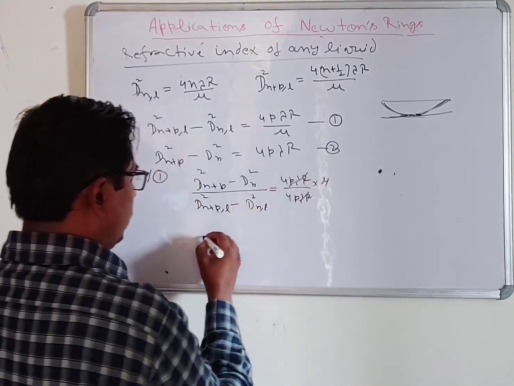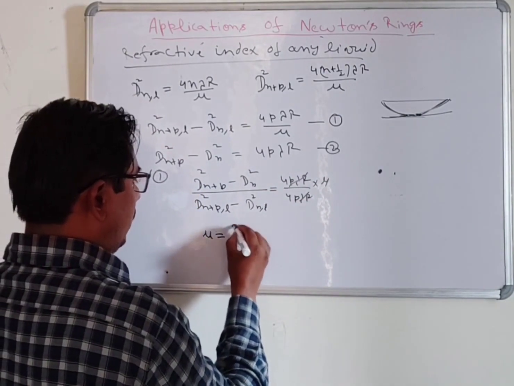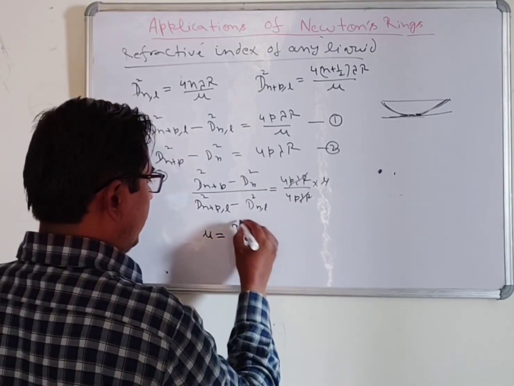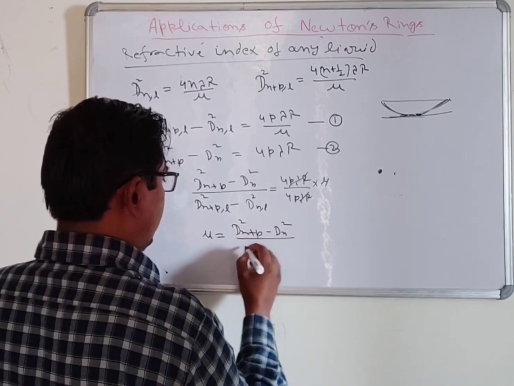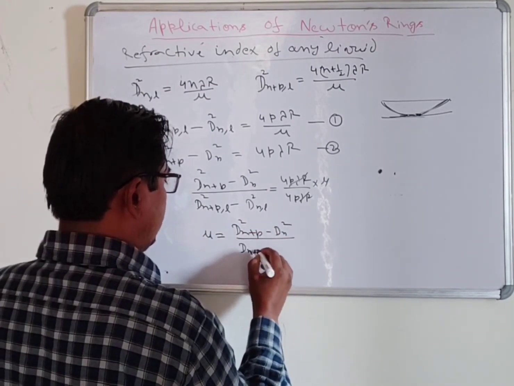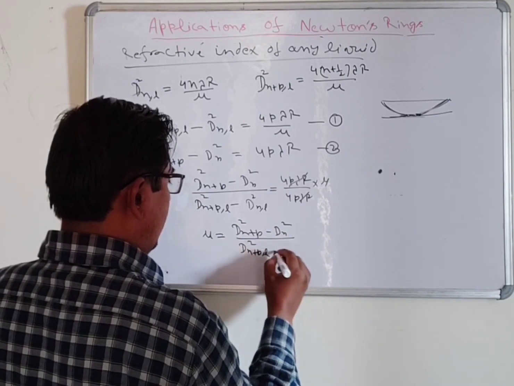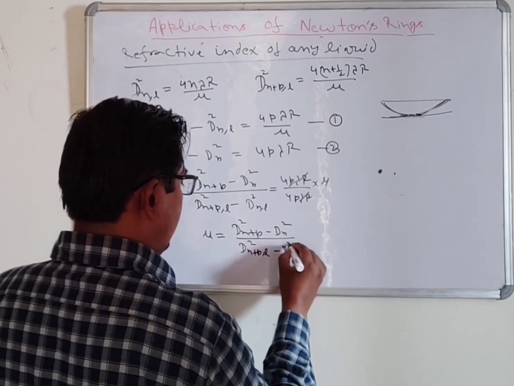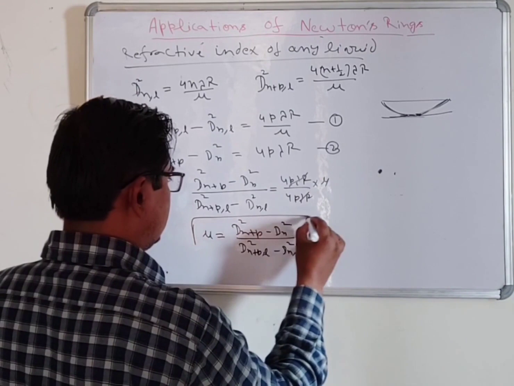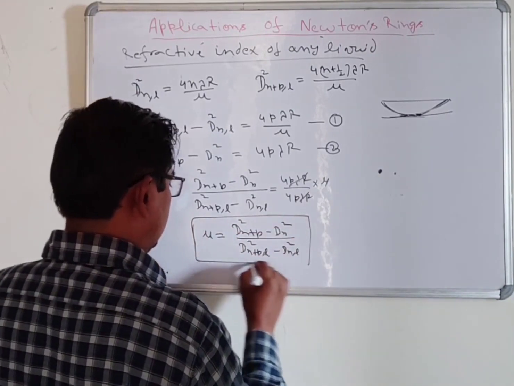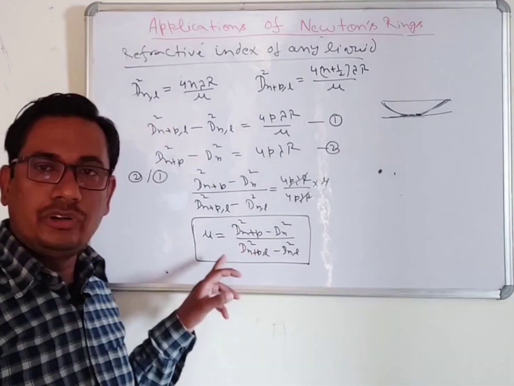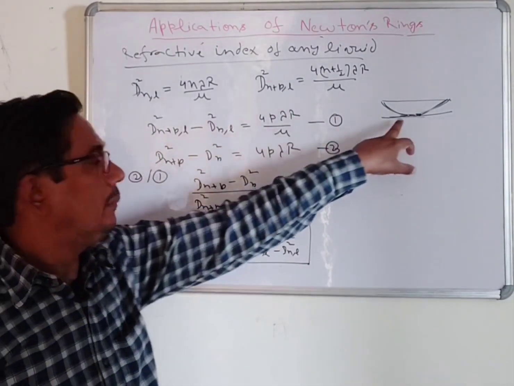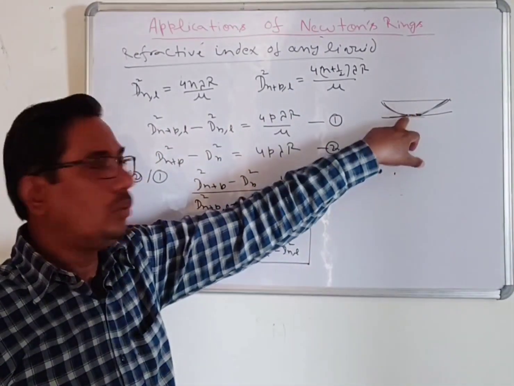This cancels out. Mu is equal to d_(n+p) square minus d_n square, divided by d_(n+p)L square minus d_nL square, like that. You can see that you can calculate the refractive index of that liquid between the two surfaces.